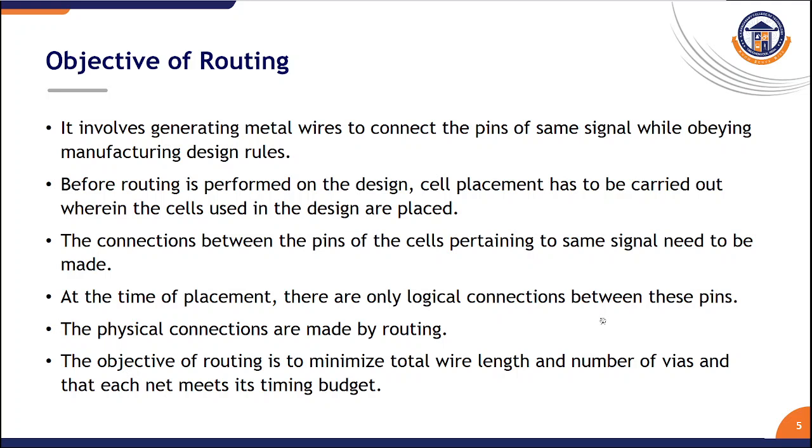The critical signals must arrive on time. And the last one is the design rules. That means we need to follow the proper spacing, width, and also the metal wire constraints. So routing directly impacts the performance, power, area, and also the manufacturability of the chip.